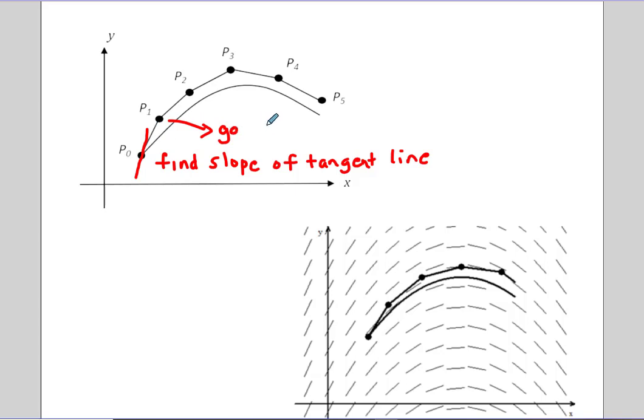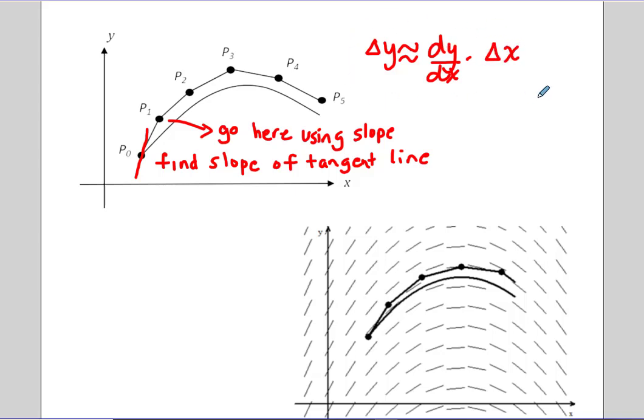So it'll get us a second approximation after we found the slope of the tangent line. And we know that the change in y is going to be about the slope of the tangent line times the change in x. So this is the key to using Euler's method.